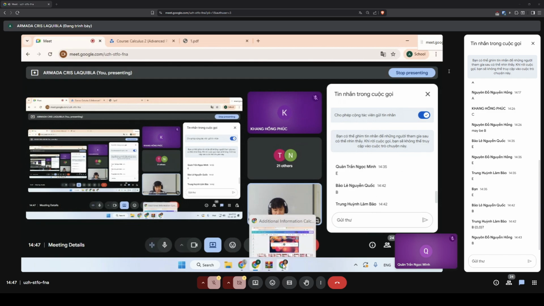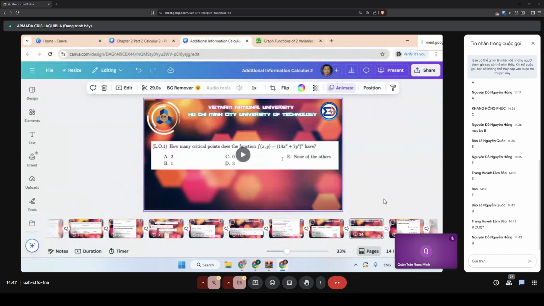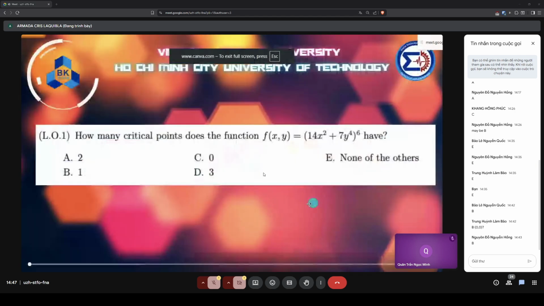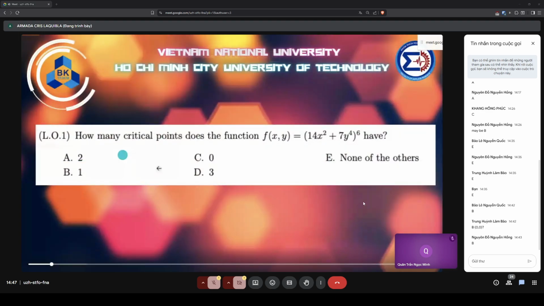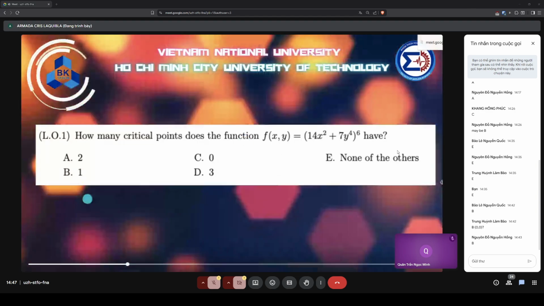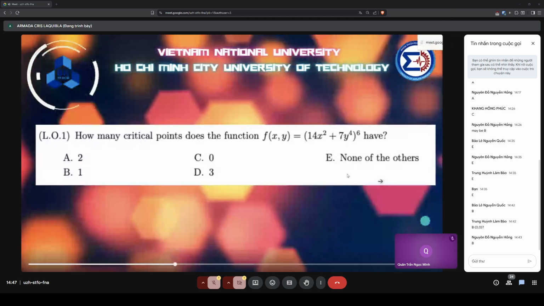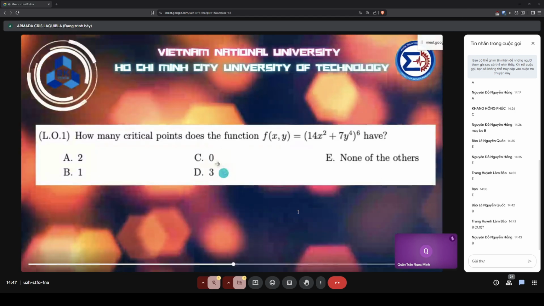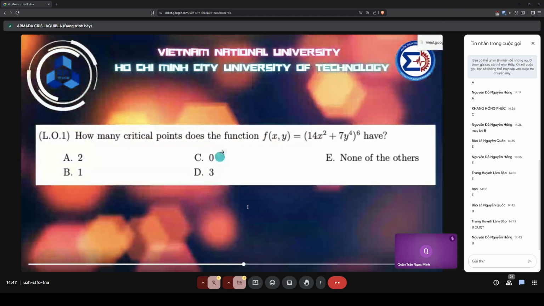Okay, the answer is letter B, 1. You only have one critical point. Next question. So class, please do not be confused. The question there is asking how many critical points. So it's only one. That's 0, 0. It doesn't mean that there are no critical points that you can solve.